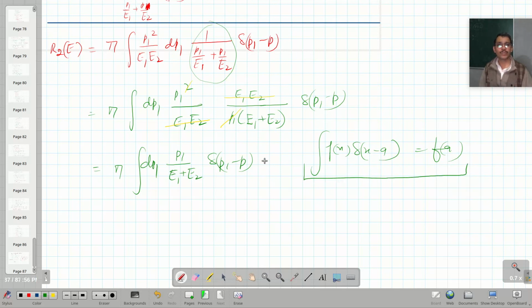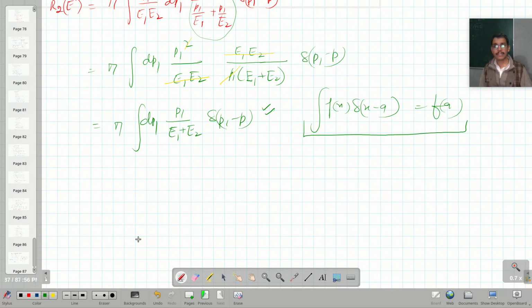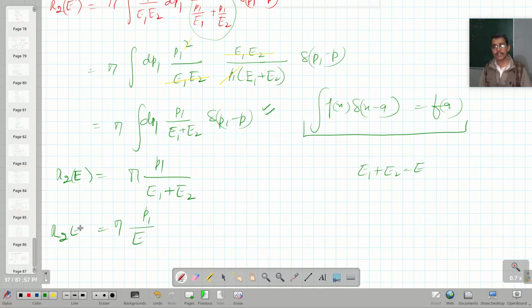So using this formula, R2(E) is equal to pi p1 over e1 plus e2, and e1 plus e2 is equal to e. Therefore it is pi p1 over e. So this is the required formula for the phase space.